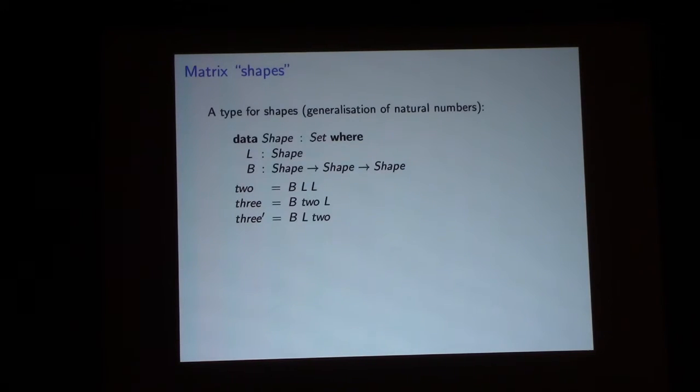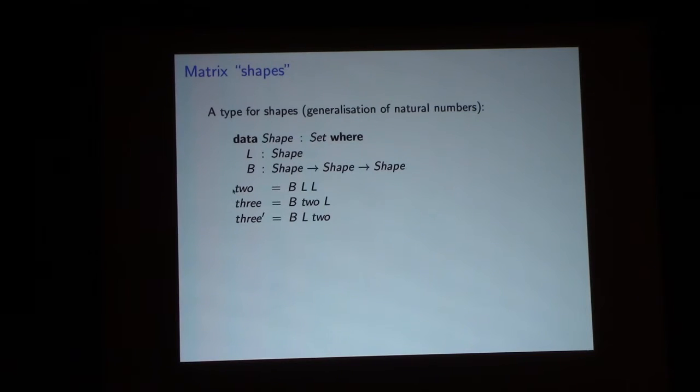So we start with a way of describing the shape of the matrices. Some of you might recognize this from Jeremy's talk this morning, where he had exactly the same construction. So we have shapes of matrices. We can have single things, or we can have branching things.